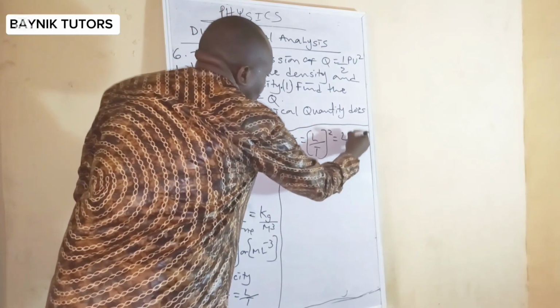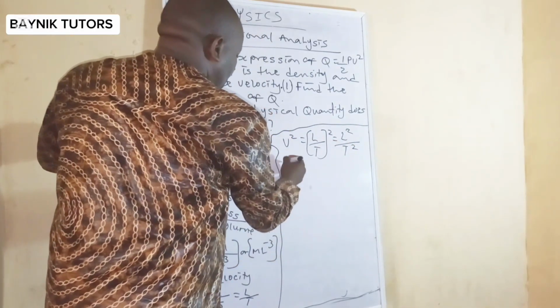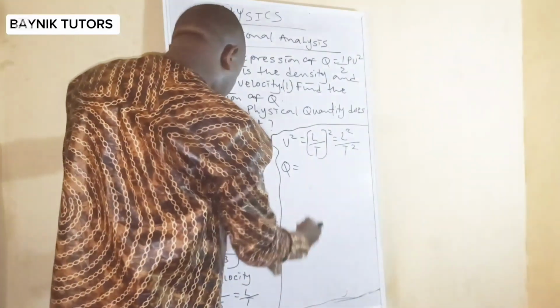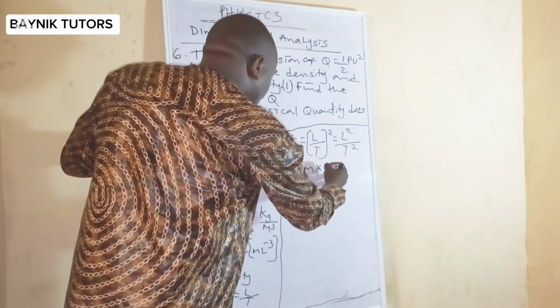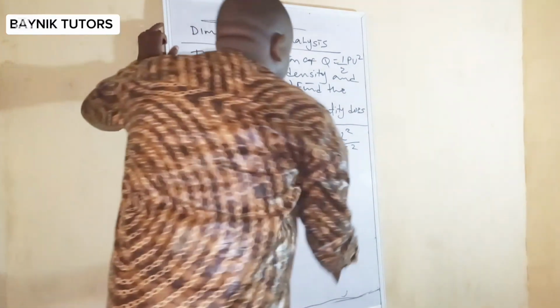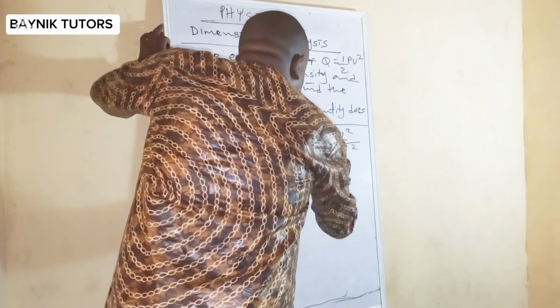So that will be L square T minus 2. So from here, our cube root half does not have any dimension. So here will now be L times L raised to power minus 2 times, let's say, pick from PV square.